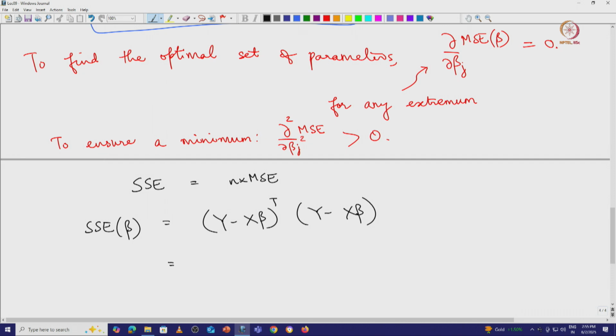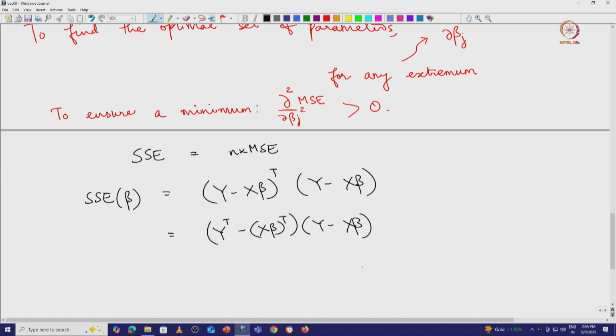Now if you expand this, what this becomes is (y transpose minus (x beta) transpose) times (y minus x beta). You know that (x beta) transpose can be written as beta transpose x transpose.